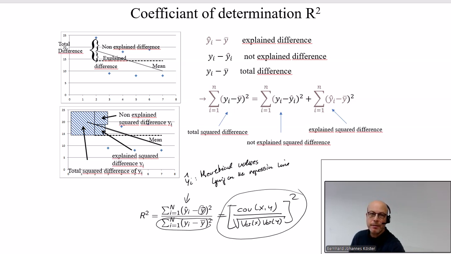Then I need the squared distance of our data point on the regression line with respect to the average of y and the squared distances of the data points with respect to the average of y.